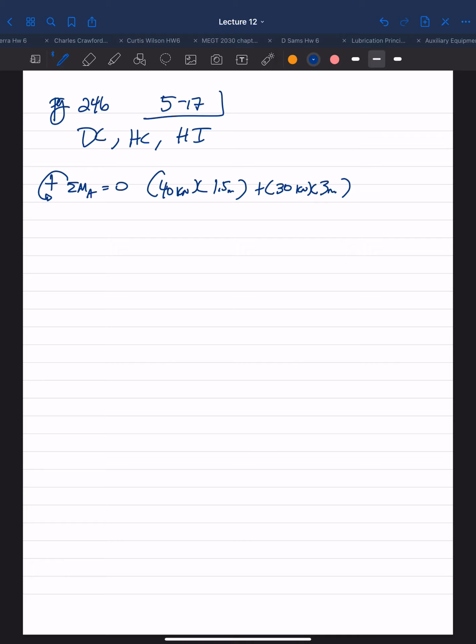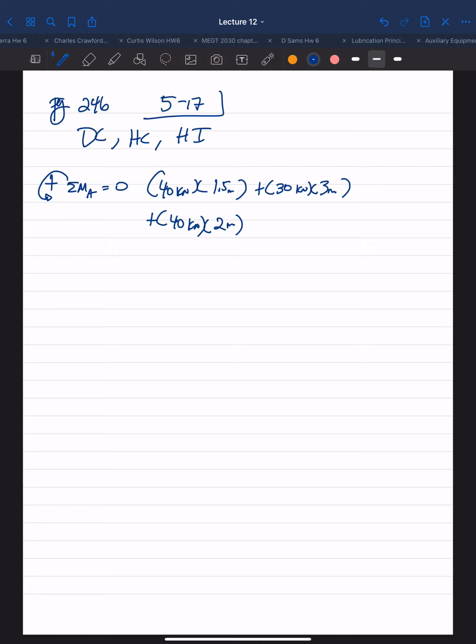The 50 kilonewton force line of action goes through point A, but there's another 40 kilonewton force with the perpendicular distance from point A of 2 meters, the line of action we're talking about.